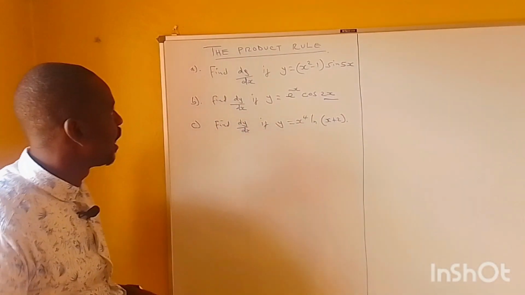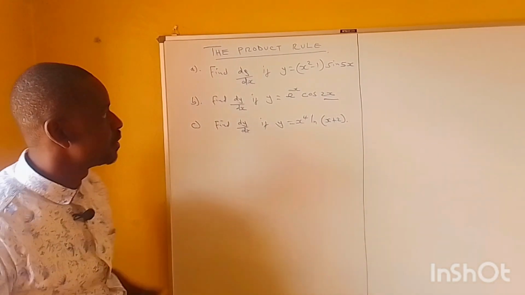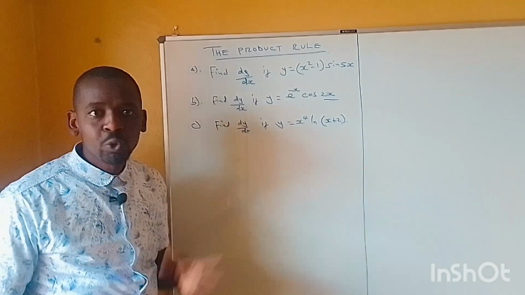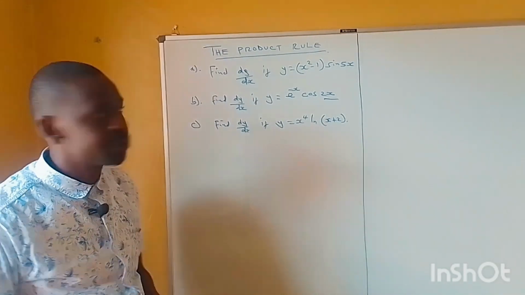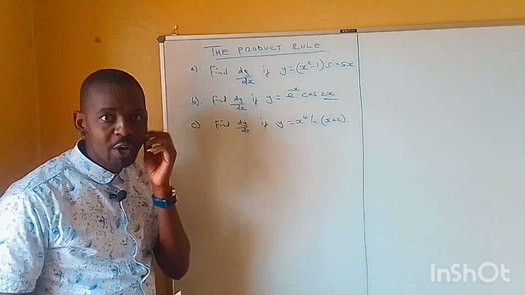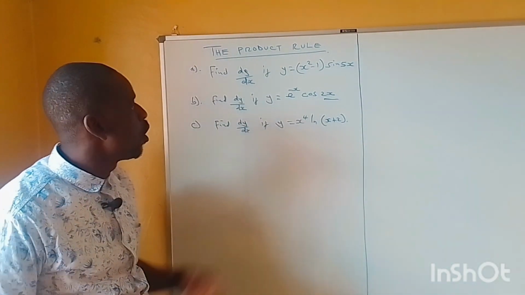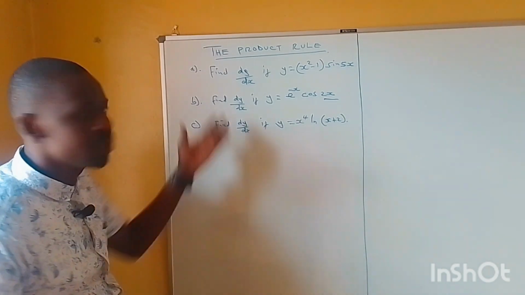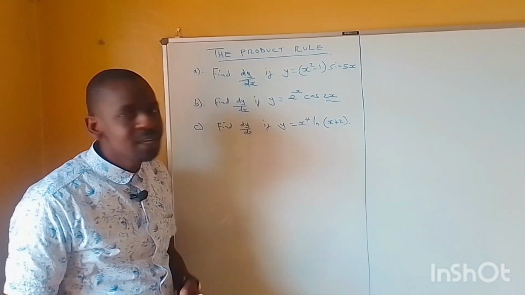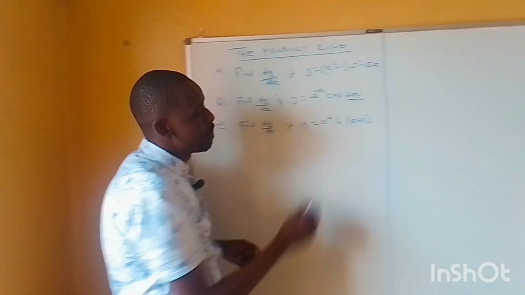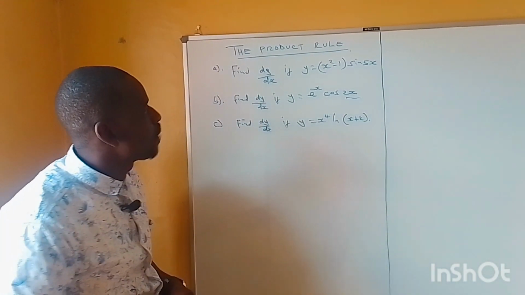We have some functions on the board here and we are required to apply the product rule to find dy over dx, which is the derivative of the equations that we have on the board. Number one, y is equal to x squared minus 2 sine of 5x.